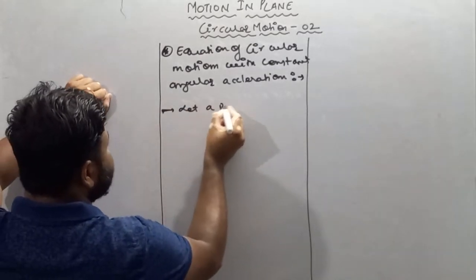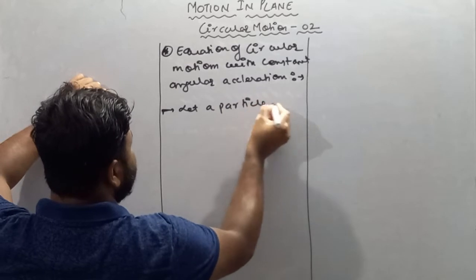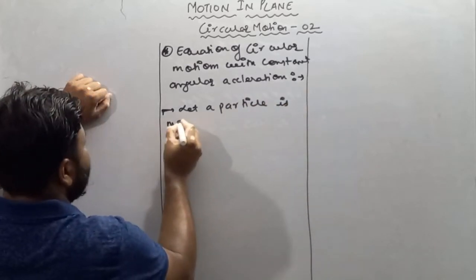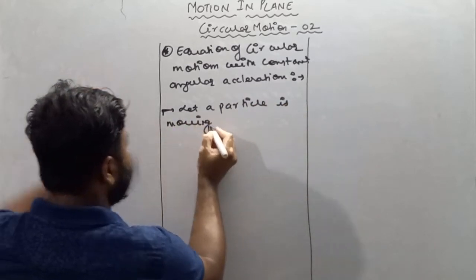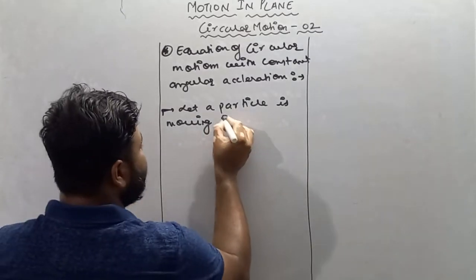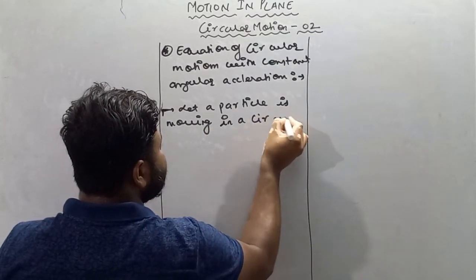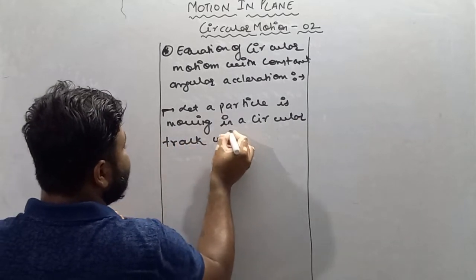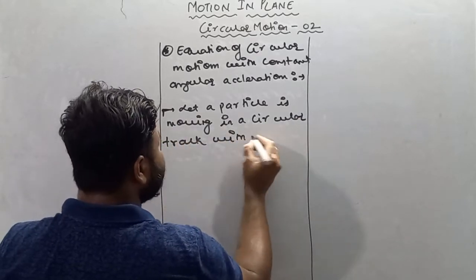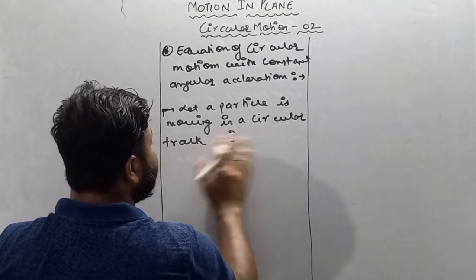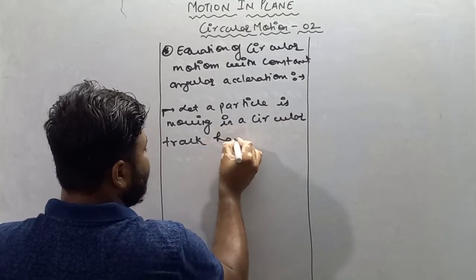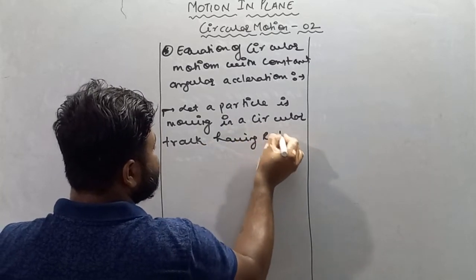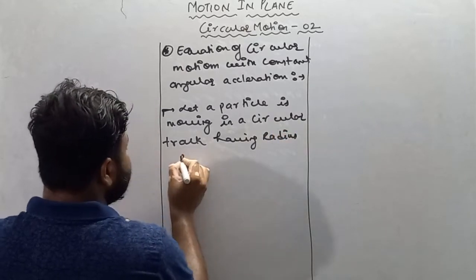Let a particle be moving in a circular track having radius r.